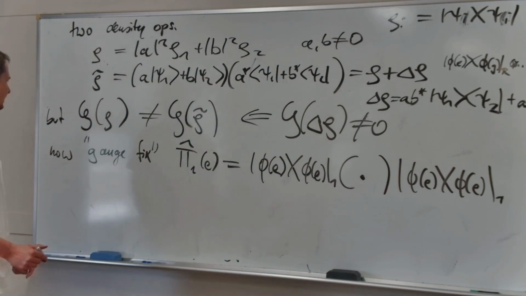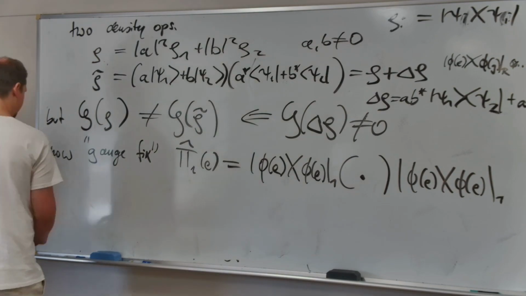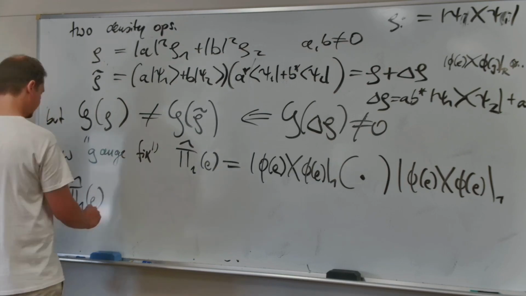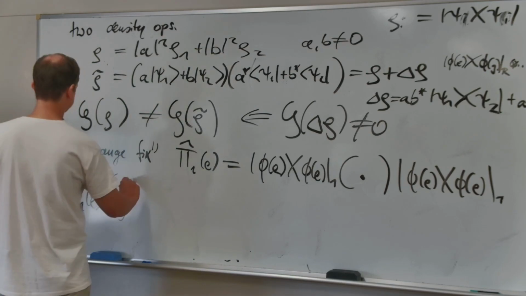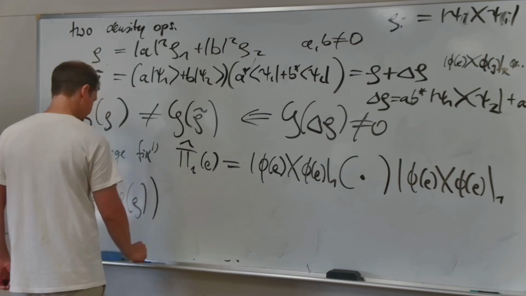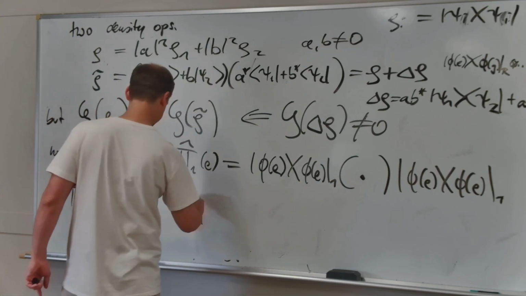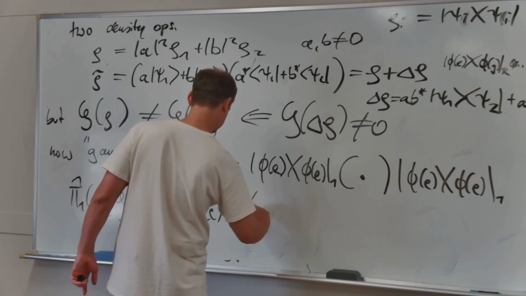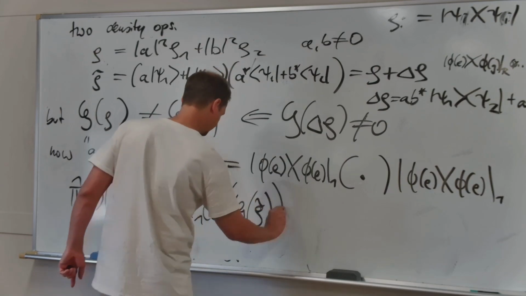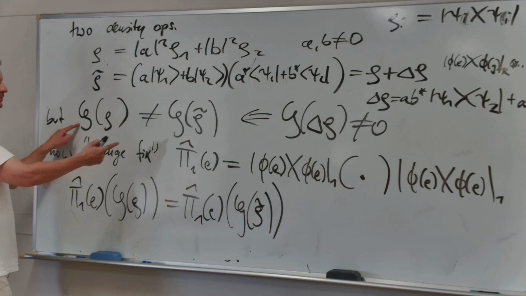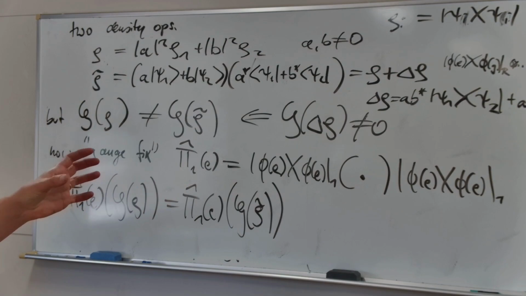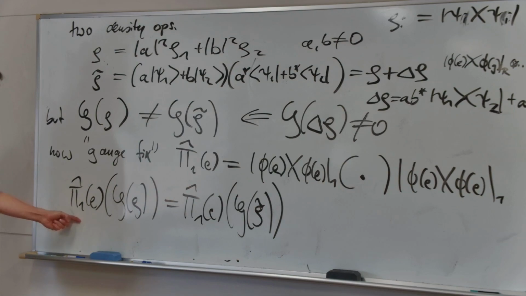Another point is that if you look at this gauge fixing of these two states, it gives you the same result. So I have these two states that are both gauge invariant in this weaker sense. They're different. I gauge fix them, I get the same state. So clearly, this gauge fixing operation is not invertible.